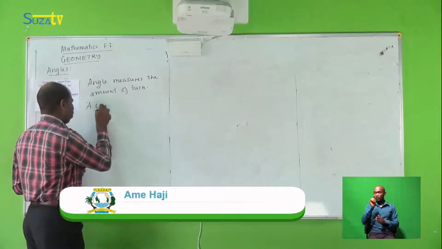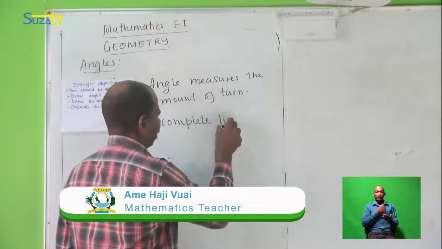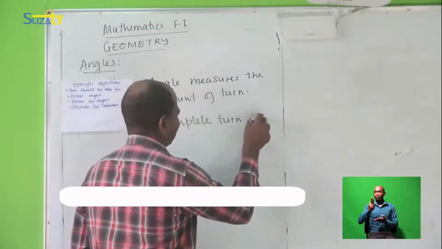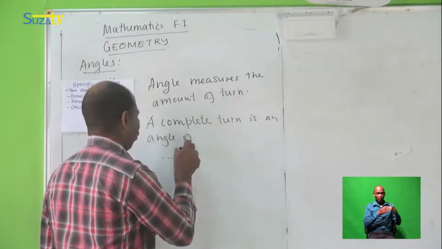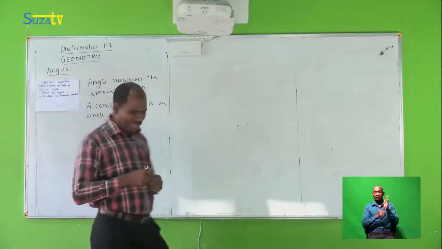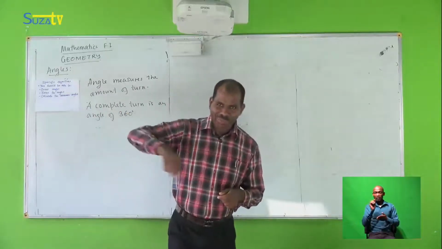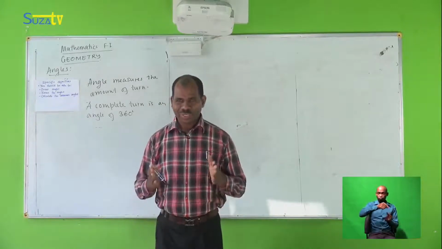A complete turn is an angle of 360 degrees. This is a complete turn. Can you practice a complete turn? Look at me.